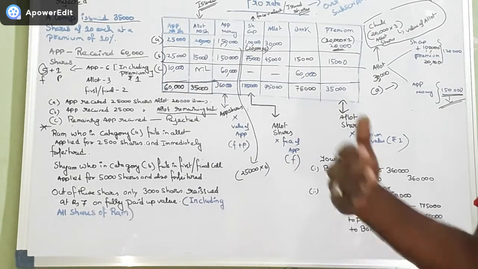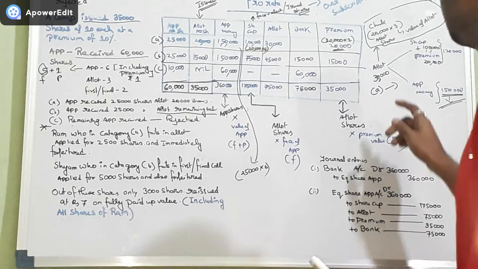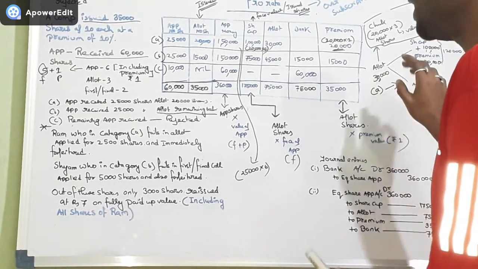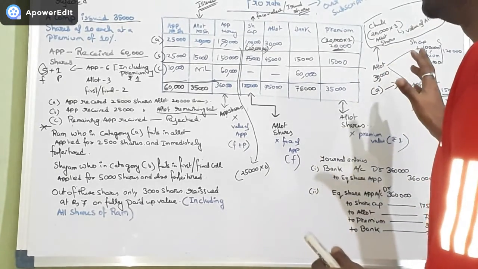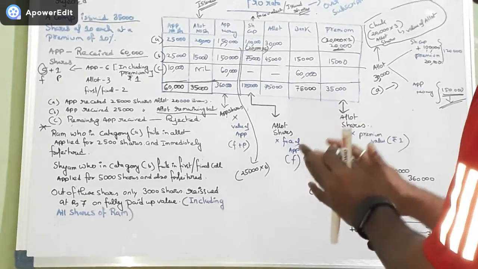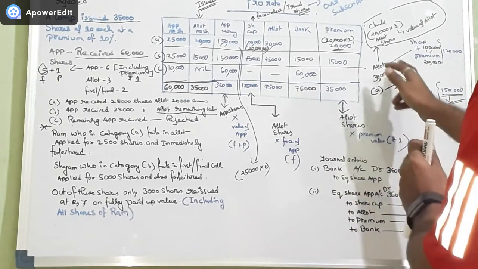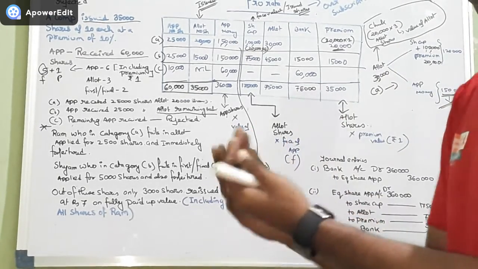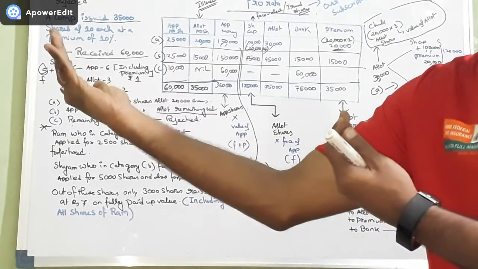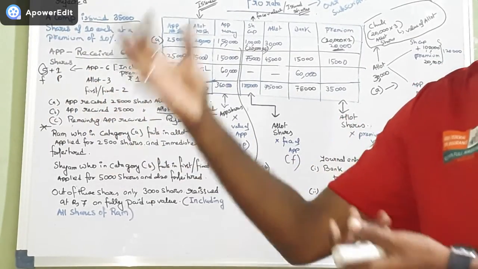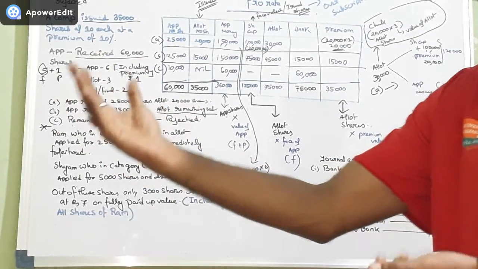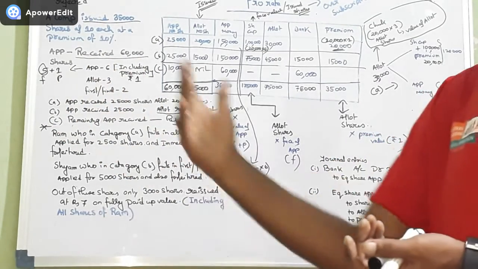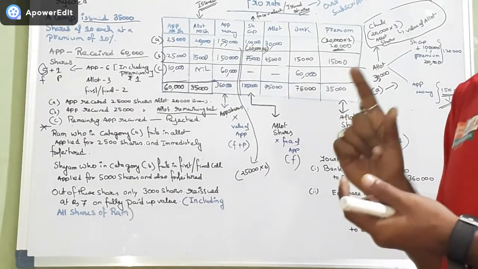After application, allotment comes. Now we have to check whether this surplus amount can be adjusted in allotment or not. I am shifting 30,000 to the next person; whether that person can handle it, whether sufficient amount is available in allotment to adjust this amount, we have to check.